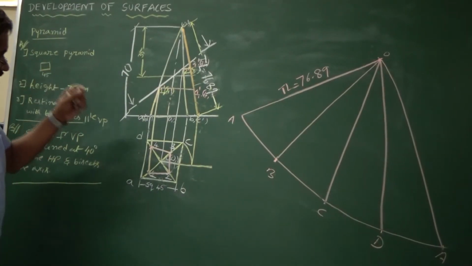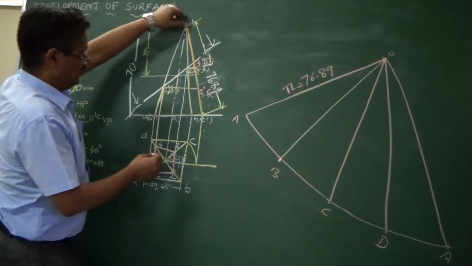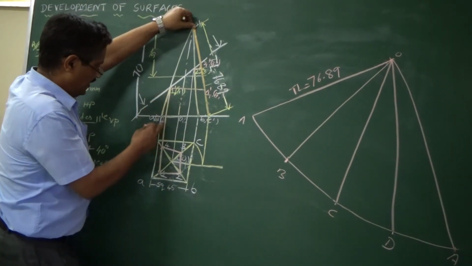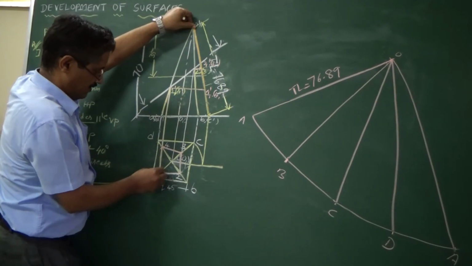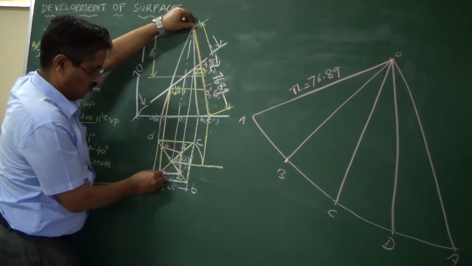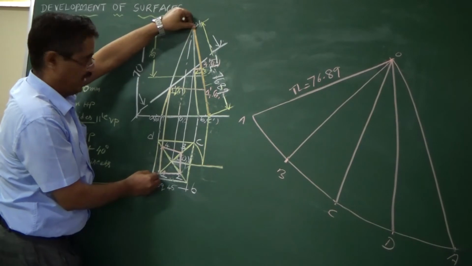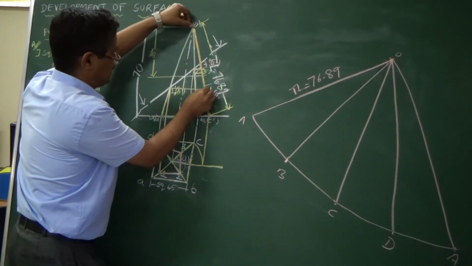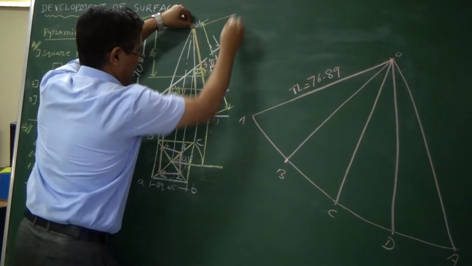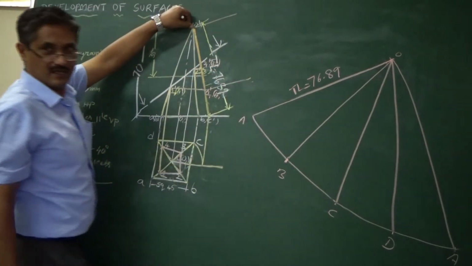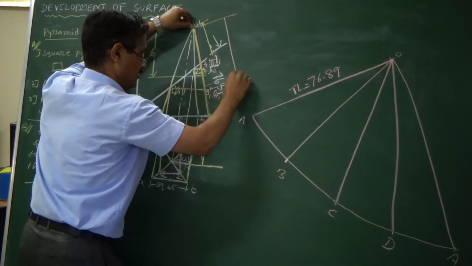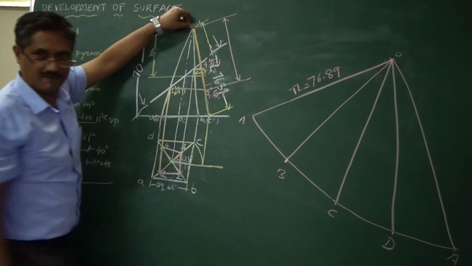Now, one important thing is, from the true length line, one is on the line OA. We have already represented here, OA, one is on the line OA. So, one here is transferred here. So, this distance from here to here is giving our distance. So, this distance you have to take from the compass.